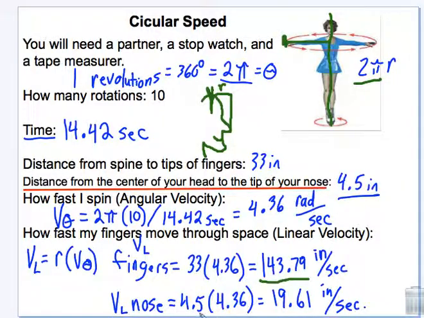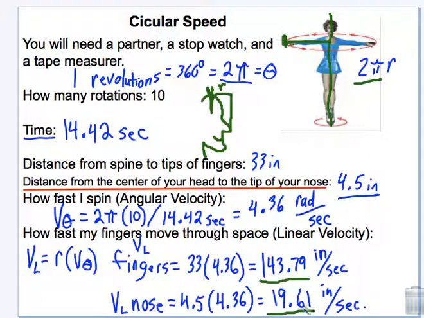And I got that my nose radius was 4.5, and I'm multiplying it by my angular velocity, and I find out that even though everything on my body was rotating at the same speed, the distance each part of my body traveled is different.